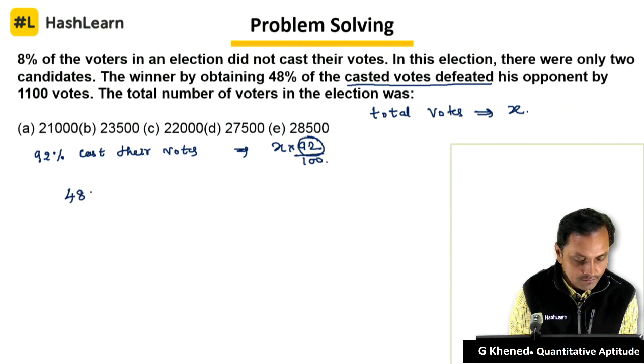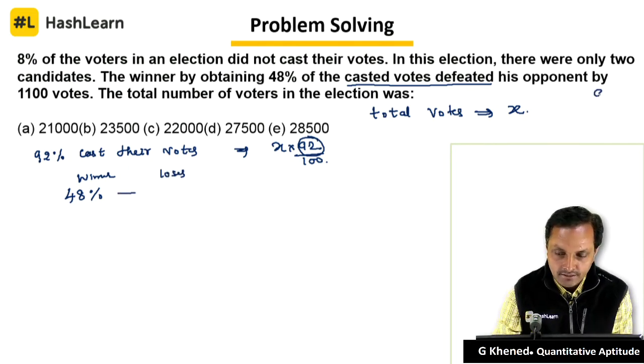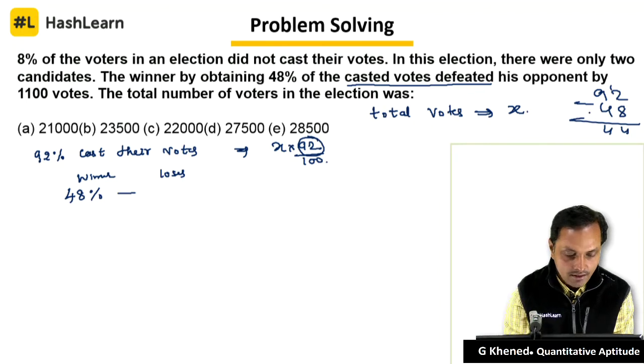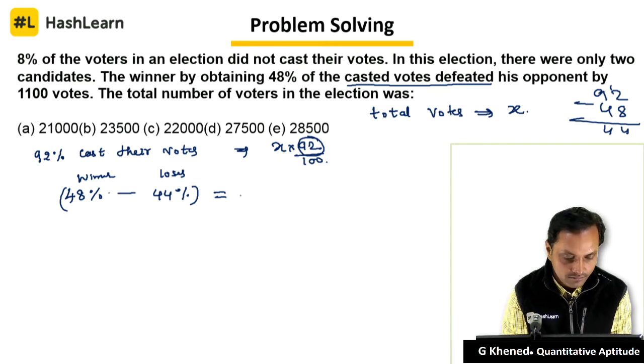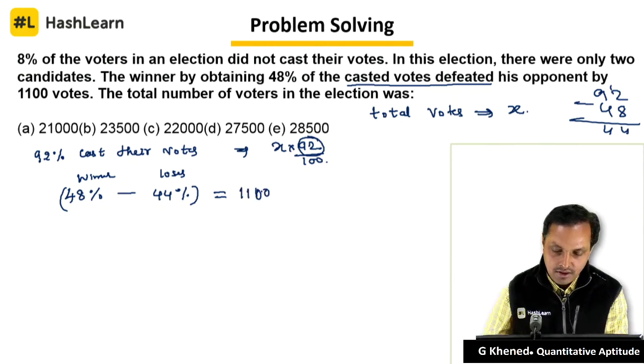See, remember here 92% cast their votes, in that 48% is the winner, and the rest is the loser. What is 92 minus 48? That is 44%, and the difference is given as 1100.